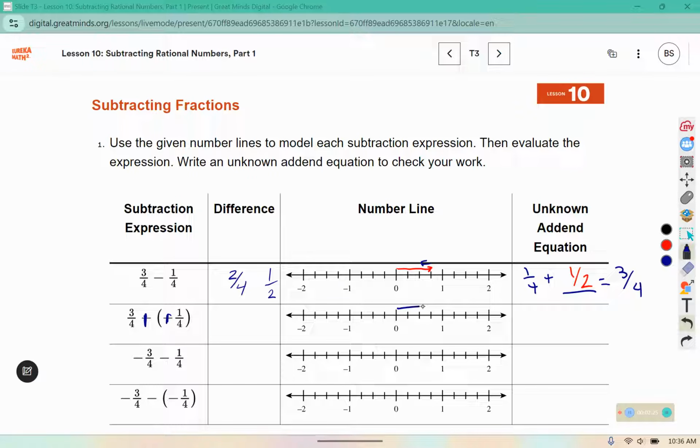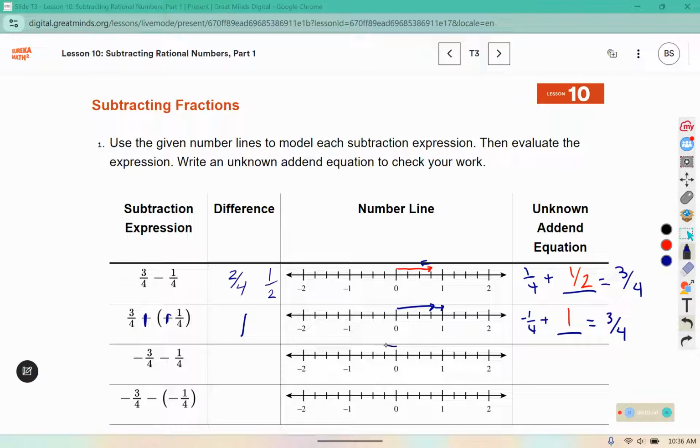So we're going to go 3/4 because it's positive. And then we're also going to add another fourth, giving us 1/2. So this one will say negative 1/4 plus something is 3/4. And that is 1/2.